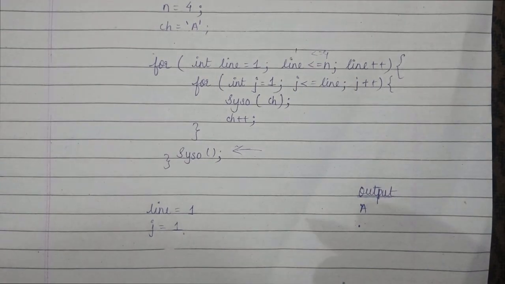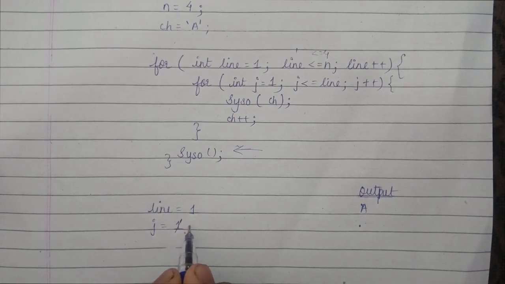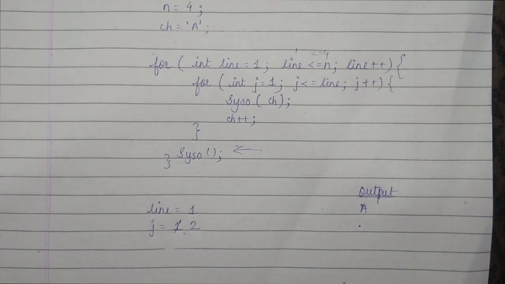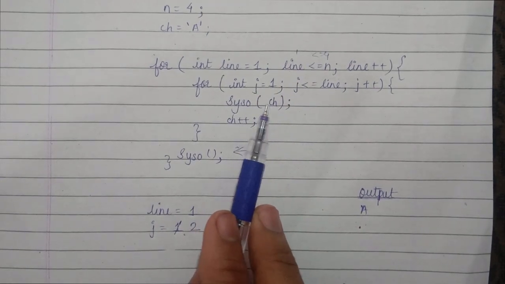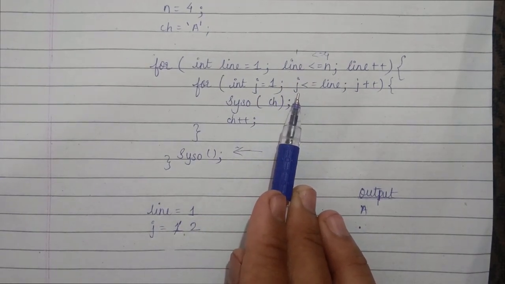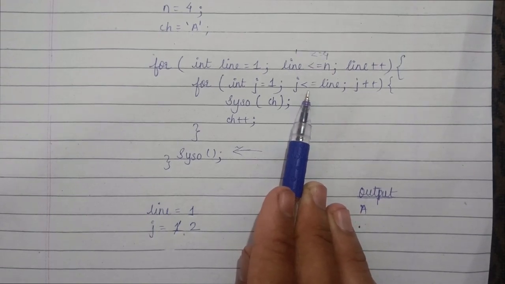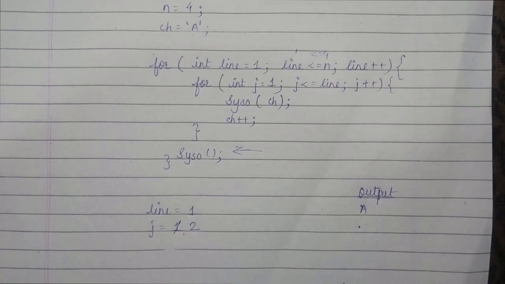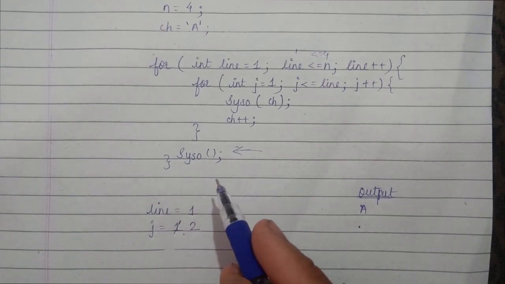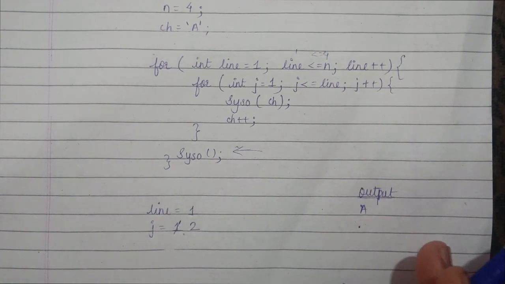Now j's value gets updated, and j's value has become 2. Now it will check the condition: is 2 less than or equal to 1? Here the condition is false, and the inner loop will get terminated.